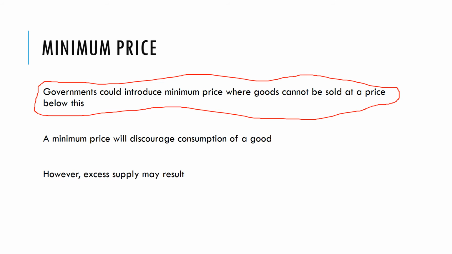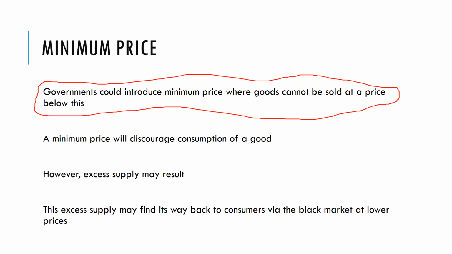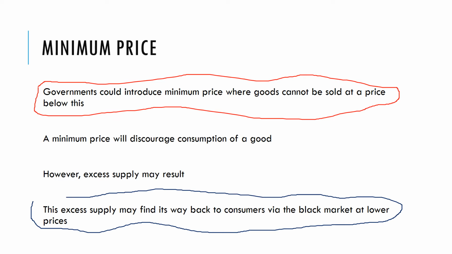However, we must bear in mind that excess supply may result, and something needs to be done with this excess supply. It may find its way back onto the market via the black market at lower prices, so through unofficial, illegal markets where it may be sold at a price that's lower than the legal price.